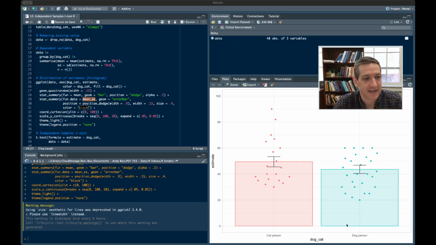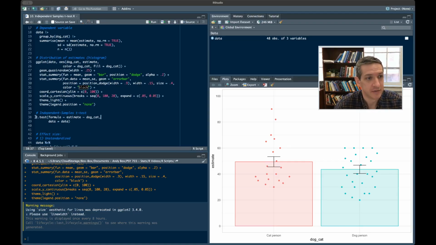Let's go ahead and actually conduct our t-test. Now, to do that, we're going to use the same t.test function from last time. We're just going to change the information that we give it. So here, we're going to use what's called formula notation and tell it that our dependent variable is estimate, and we're essentially going to be predicting this dependent variable from our independent variable of dog cat, whether people said they were a dog or a cat person.